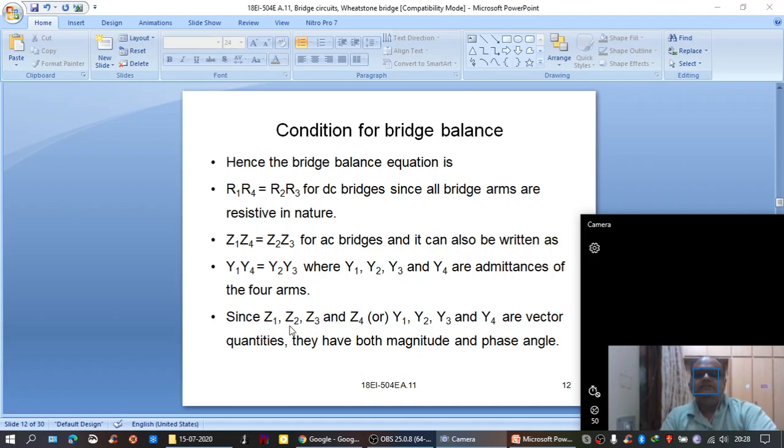Since Z1, Z2, Z3 and Z4, the impedances of the four arms, and Y1, Y2, Y3 and Y4, the admittances of the four arms, are vector quantities, they have both magnitude and phase.